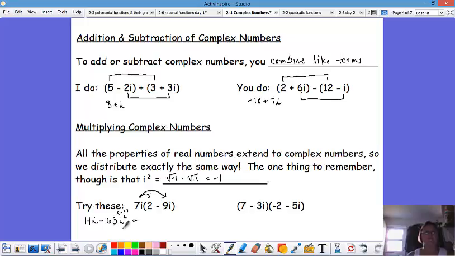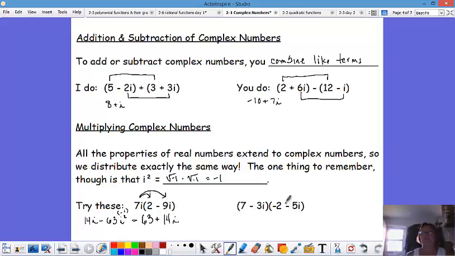And that means that expression simplifies to 14i minus 63 times negative 1. Well, minus a minus is plus. That's positive 63 right there, and I'm going to write that 63 up front. So we're talking 63 plus 14i. Okay? When we did that distribution, we came up with another imaginary number. We replaced i squared with negative 1 and did the work that way. Negative 1 times negative 63, positive 63.